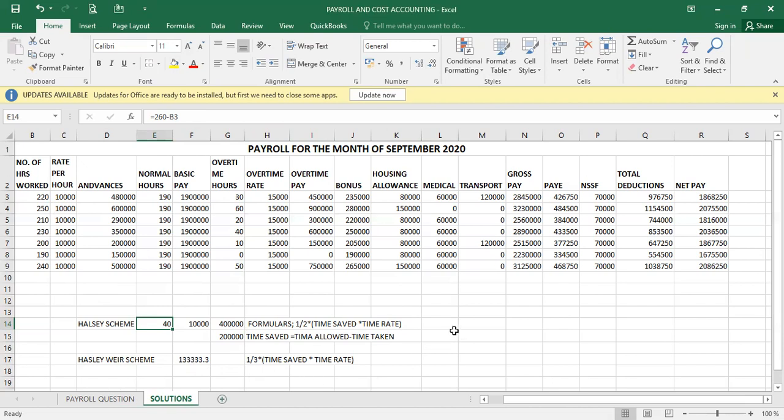Okay, then we can go to law 1. This law 1 scheme gives us the time we've saved.